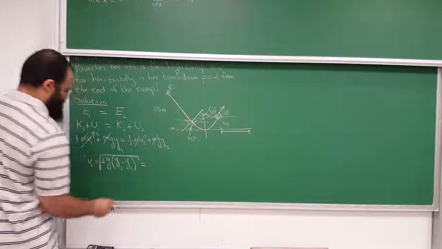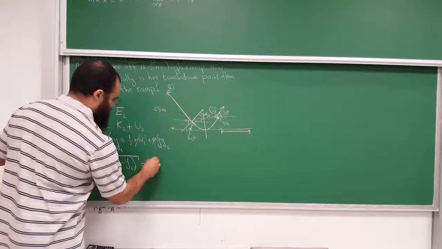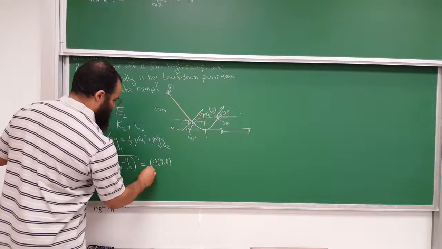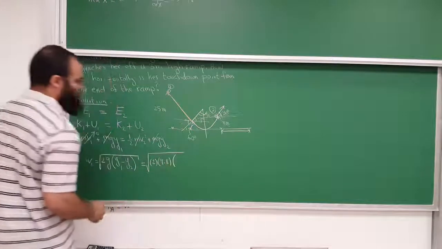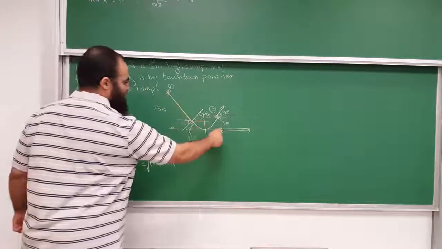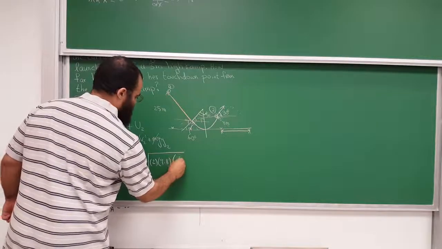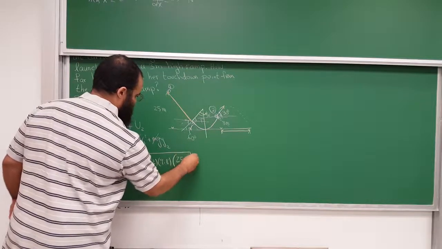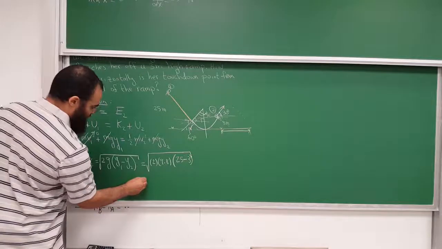And now we plug in the numbers. So you get the square root of 2 times 9.8 times y1 minus y2. y1 is 25 and y2 is 3 meters, so 25 minus 3. And so let's do that.